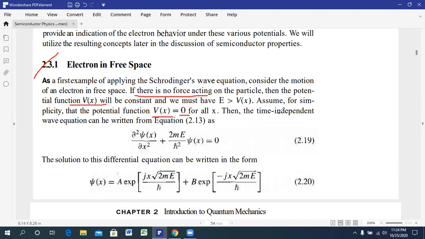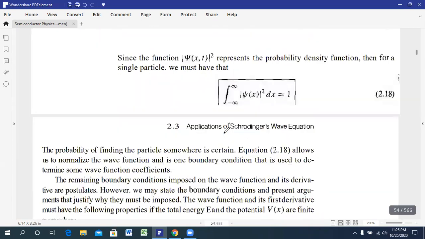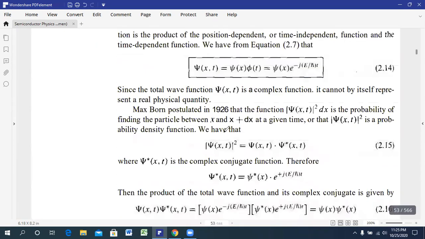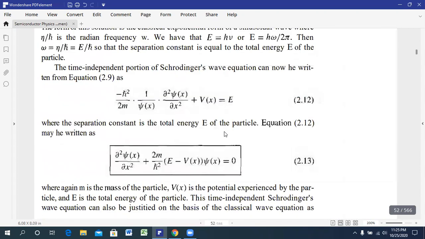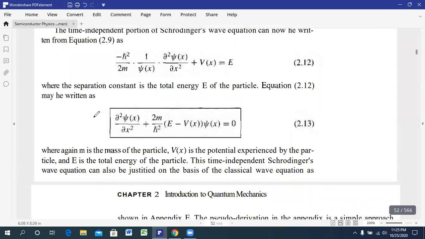Then we know that the time independent wave equation, if we go to article number 2.3.13, that one was Schrodinger's wave equation. That one is the second order derivative of psi of x plus 2m divided by h bar square, E minus V of x, times psi of x.